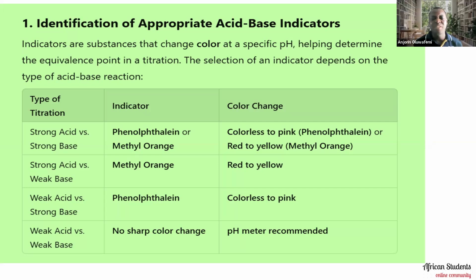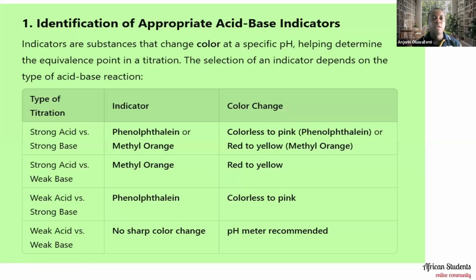So a pH meter is recommended in this regard, because we cannot really say use this particular indicator, as you may not be able to get the right result. The pH meter will be the most appropriate to use when you have a titration involving a weak acid and a weak base.